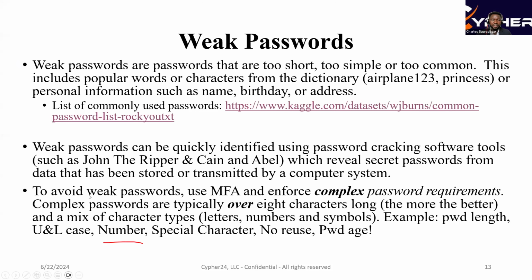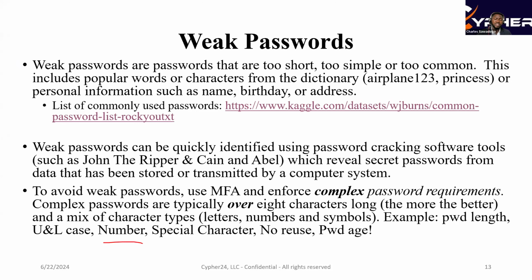So these are vulnerabilities. Weak passwords can quickly be identified using password cracking software tools such as John the Ripper and Cain and Abel, which reveal secret passwords from data that has been stored or transmitted by a computer system.